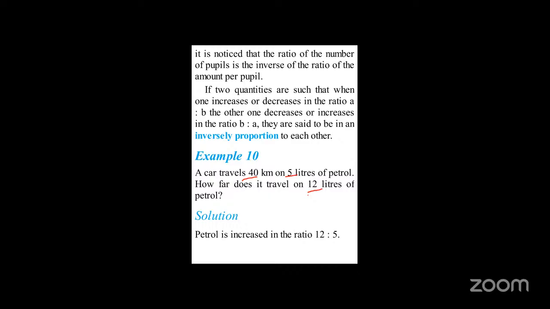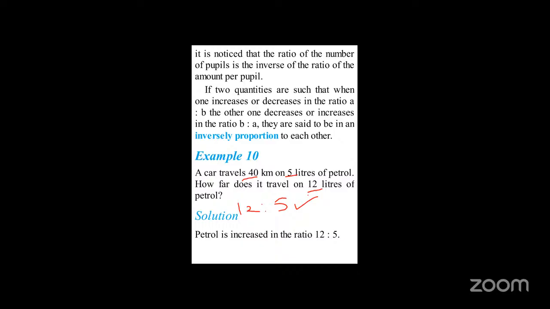The petrol increased in the ratio 12 to 5. So meaning that since the petrol has increased, it's going to cause a corresponding increase in the distance that is going to be traveled. So therefore, the distance traveled will also increase in the same ratio as the one of petrol.